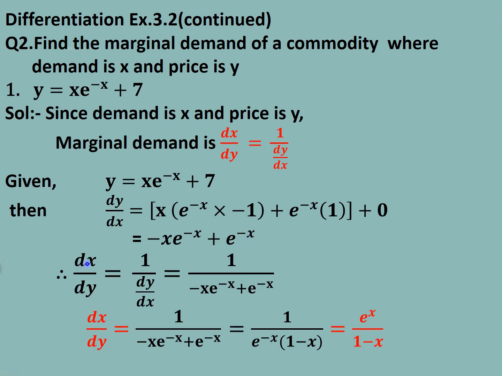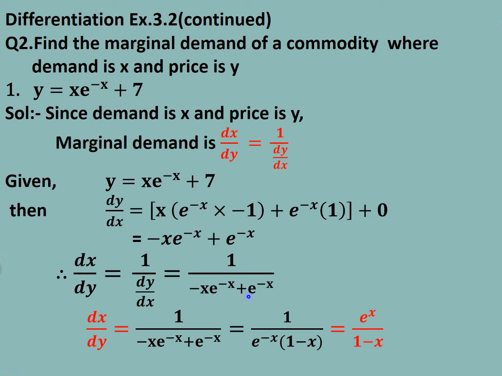Therefore, dx by dy is given by 1 upon dy by dx, which is equal to 1 upon minus x into e raised to minus x plus e raised to minus x. Here e raised to minus x is common in both these terms, and take it commonly out from this. Then e raised to minus x, 1 upon e raised to minus x into 1 minus x.